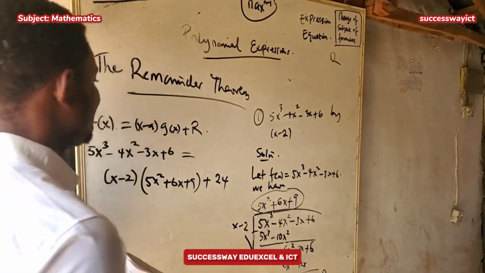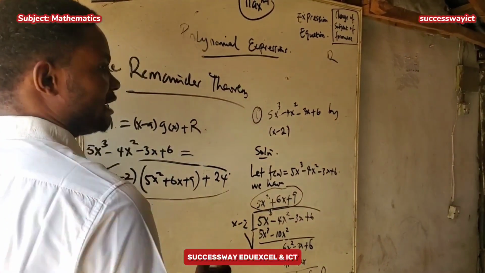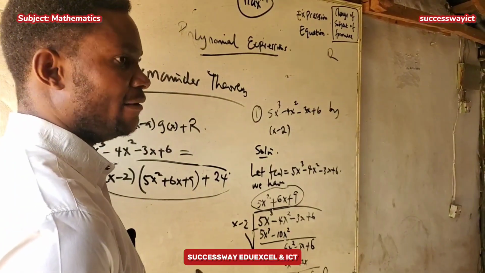So when this is simplified down, this is the result you are going to get. Are we together?